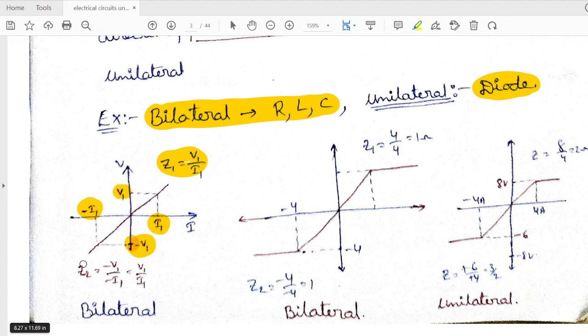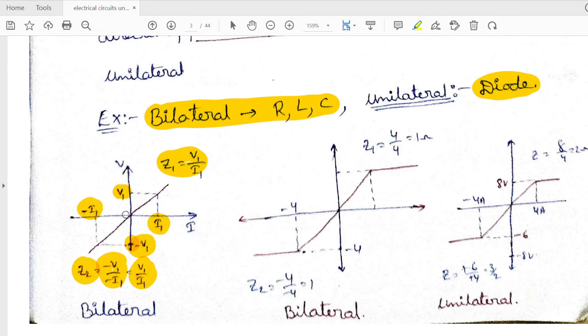Then I am calculating the impedance, that is I am naming that as Z2. So Z2 is nothing but minus V1 by minus I1. This minus minus will cancel. Again we'll get V1 by I1. If you observe, earlier during positive polarity of the voltage and current direction from left to right, I calculated Z1, I got V1 by I1.